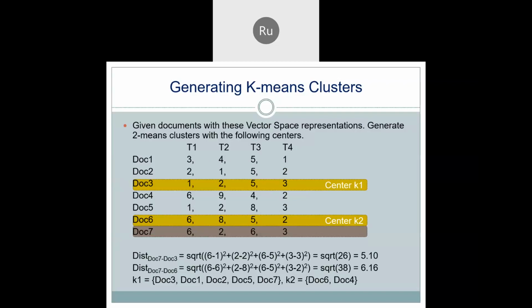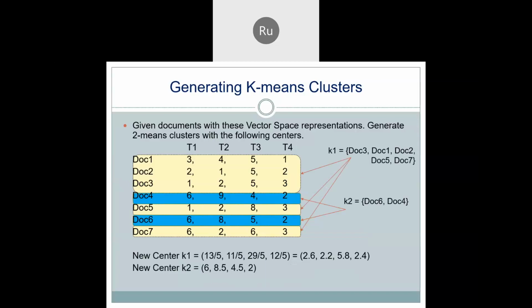To move on, you need to find the new centers. Now you have two clusters, cluster K1 and cluster K2. To find the center, you find the average of all the vector values of those documents.